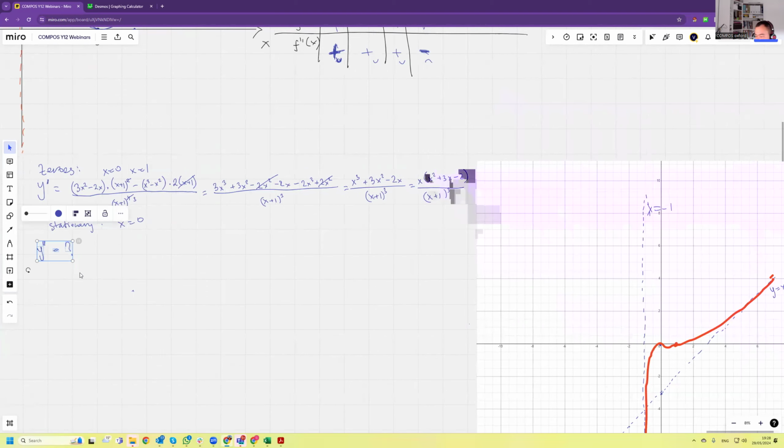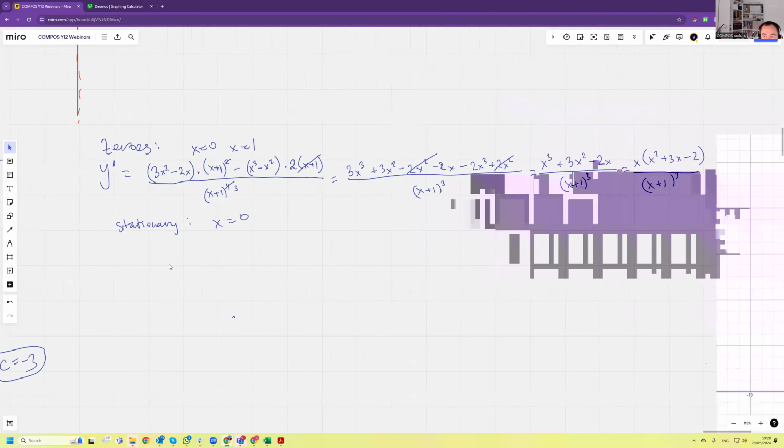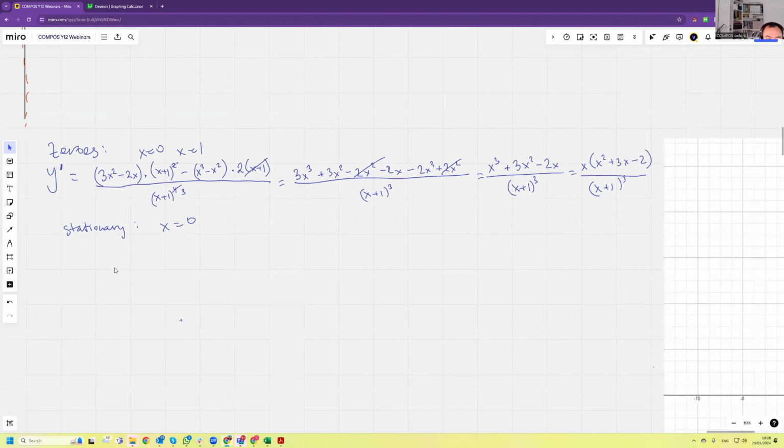Points x equals 0 and x equals minus 3 on 2 plus minus 3 on 2.